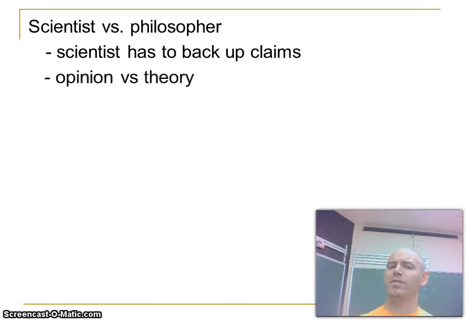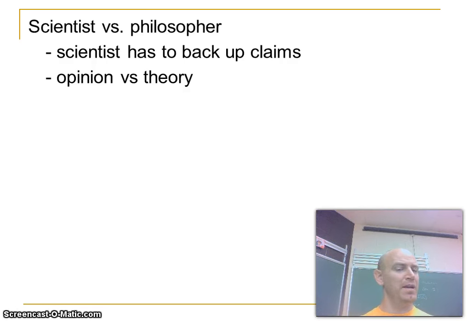And we have to remember that there is a difference between science and philosophy. Philosophers are great thinkers, and they propose great ideas. Fantastic mental experiments where you imagine that your entire existence is simply some brain in a jar or something like that. But scientists have to back it up, and that's the key difference.